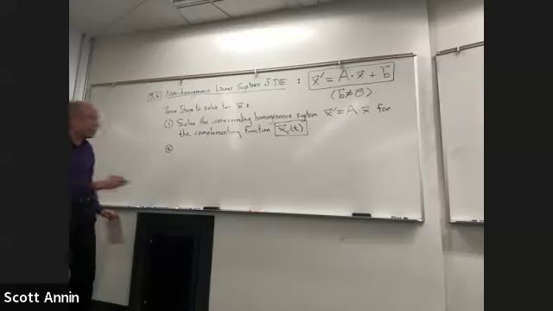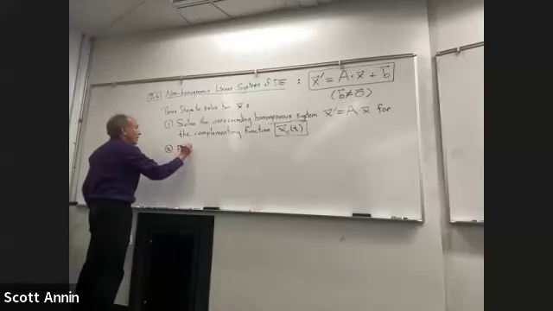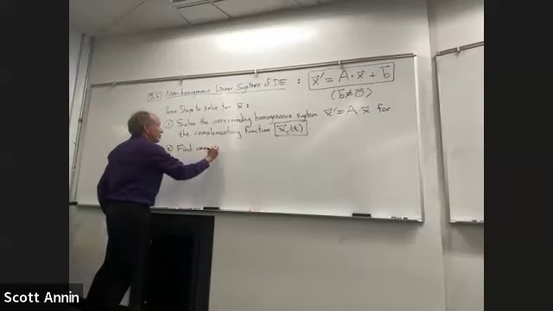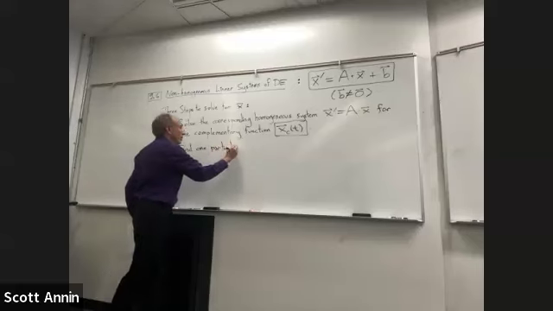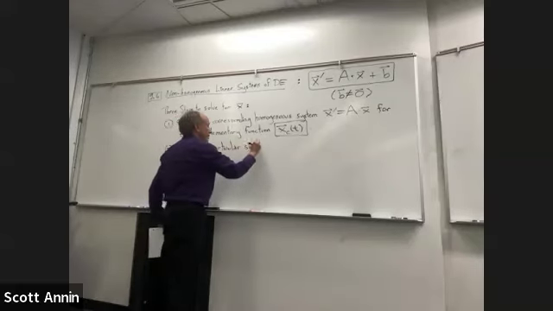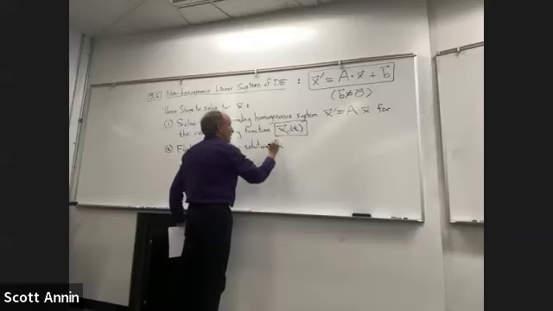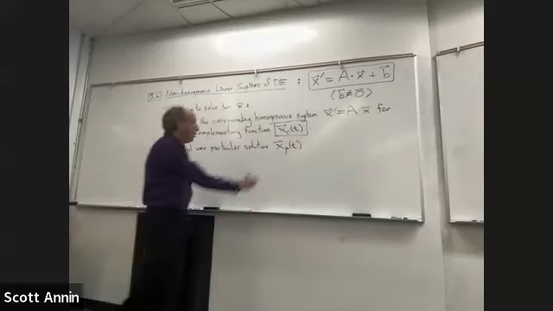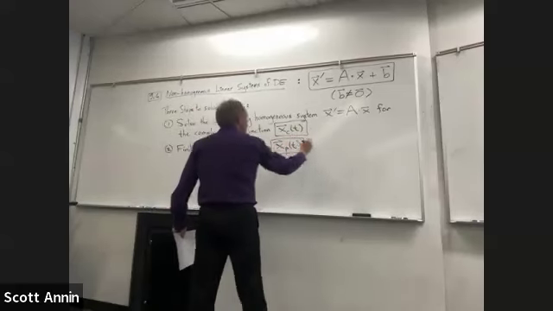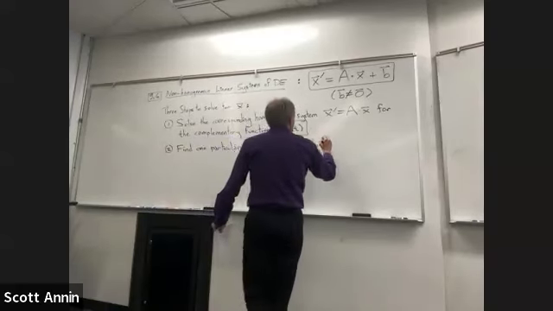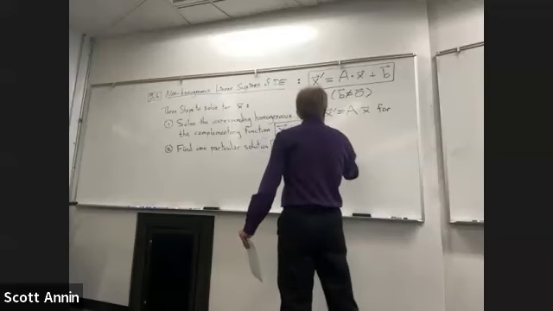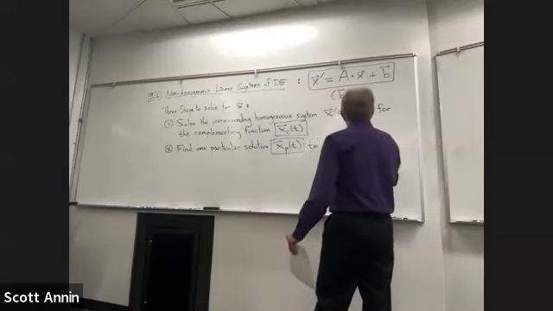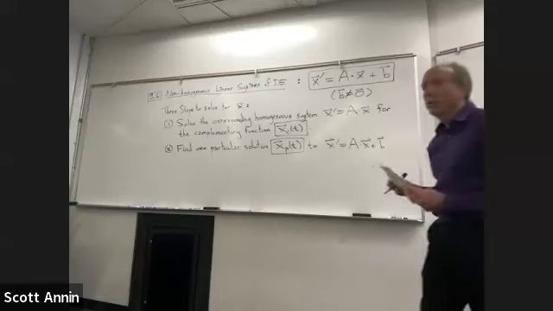Step 2, guys, is that we have to find one particular solution, and I'm going to call this one x sub p of t. One particular solution to x prime equals A times x plus b.